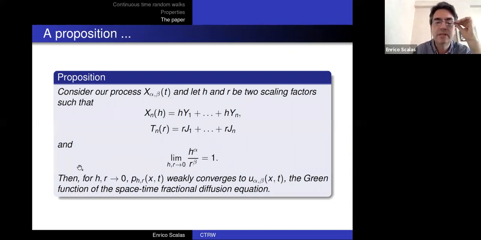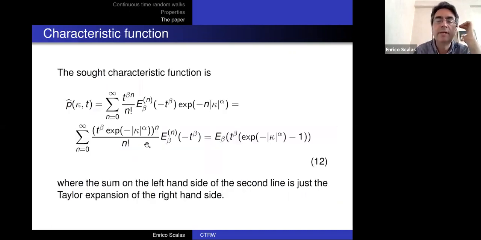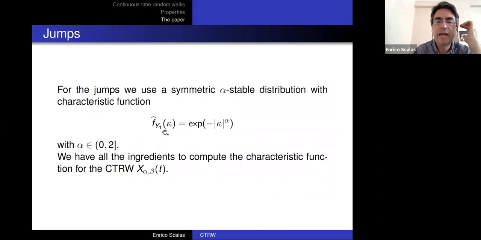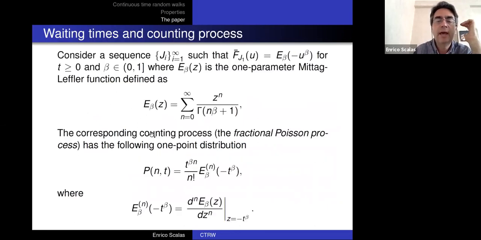So this result is true also when the density of the jumps has power law tails, and when the waiting time distribution has power law tails as this one.